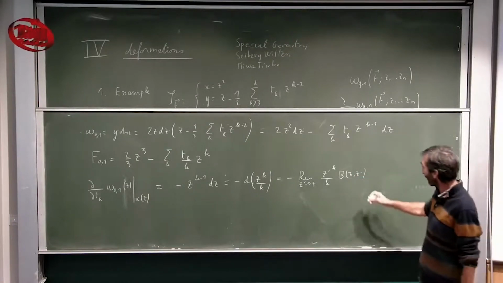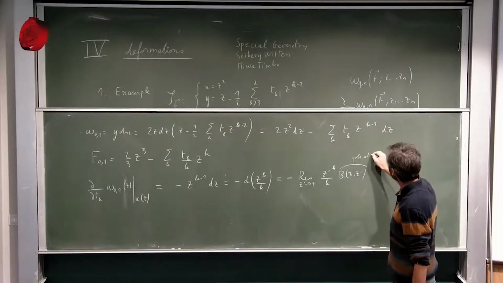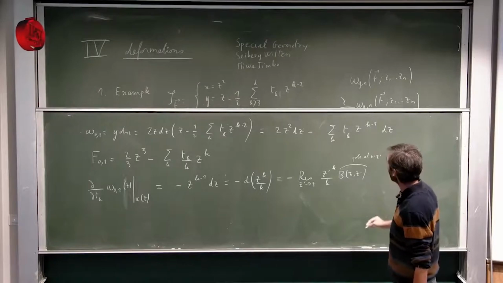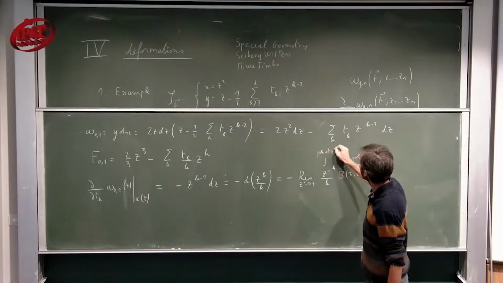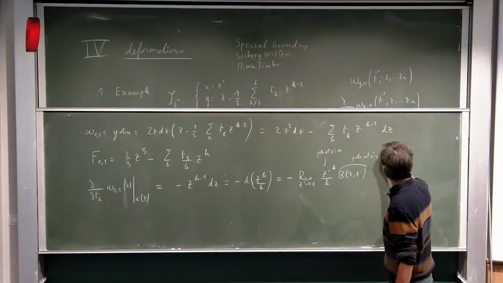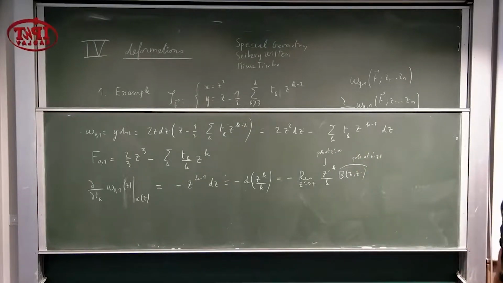Now observe one thing. This has a pole at z equals z', which is what I used, but this one has a pole at infinity. And the sum of all residues must always be 0 for every meromorphic form.